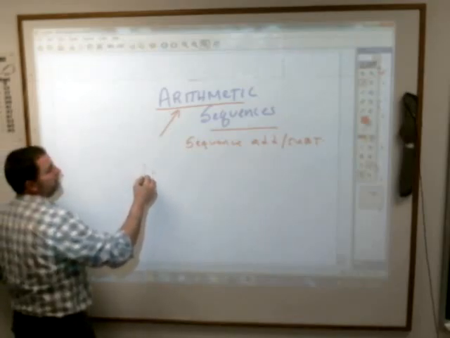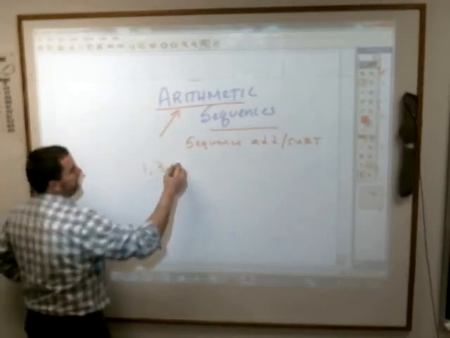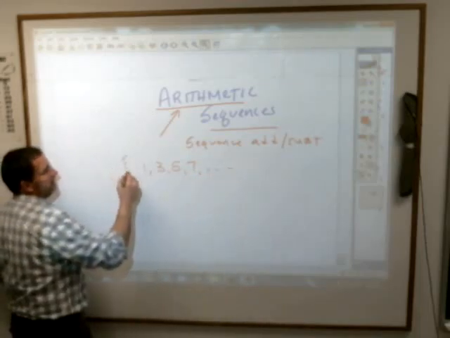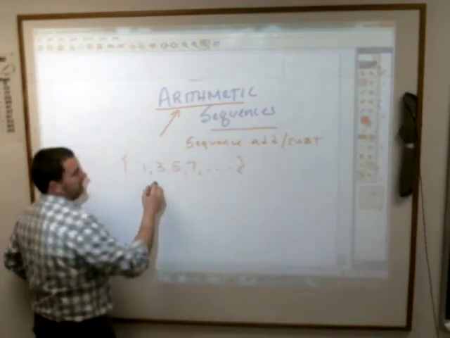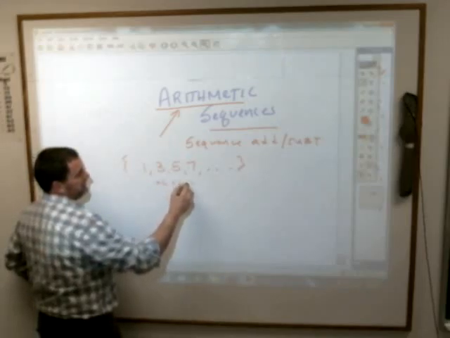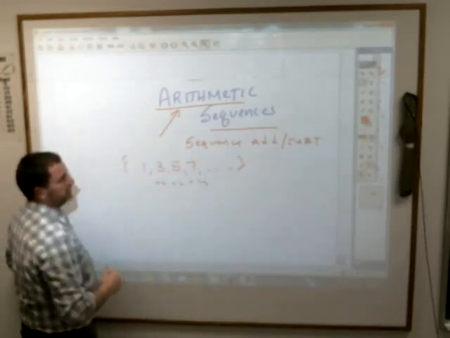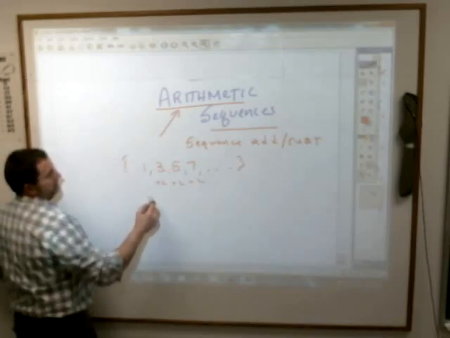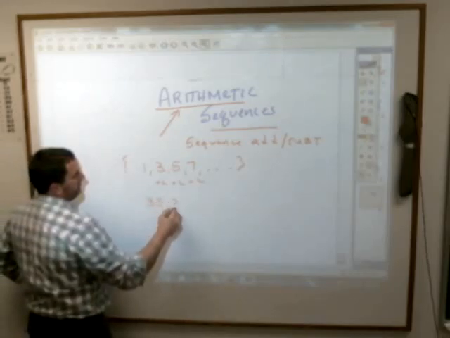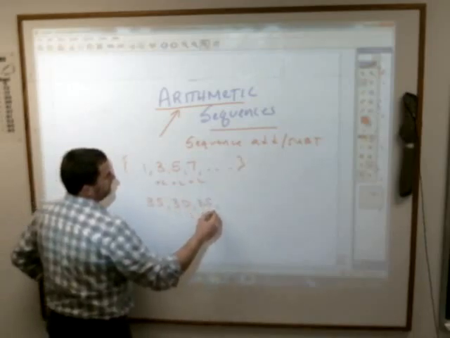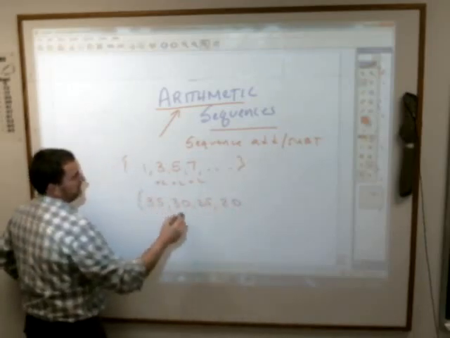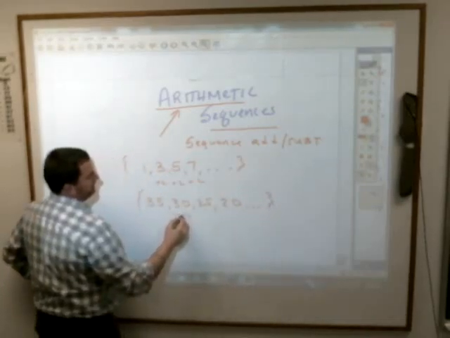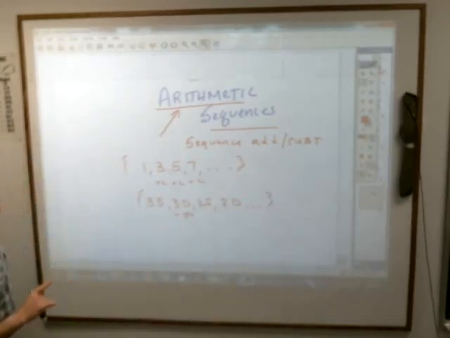You have 1, 3, 5, 7, ... because in this case, every time you are adding 2. It's an addition sequence. Or maybe your sequence is 35, 30, 25, 20. In this case, your sequence is subtracting 5 every time. We're only looking at sequences where that happens.